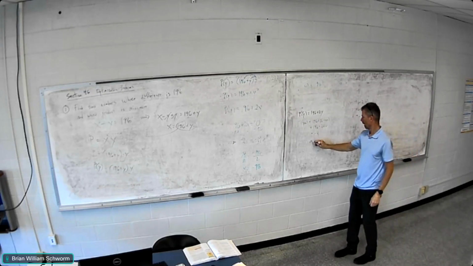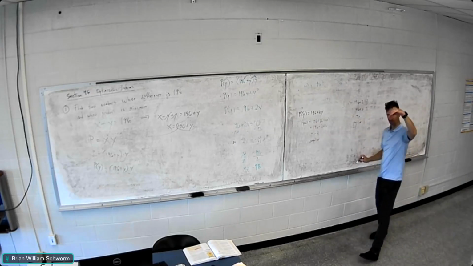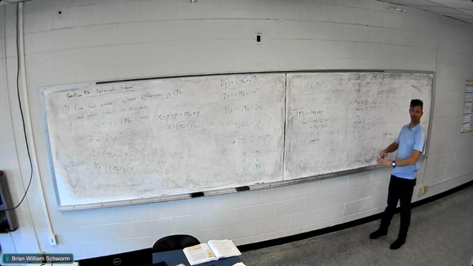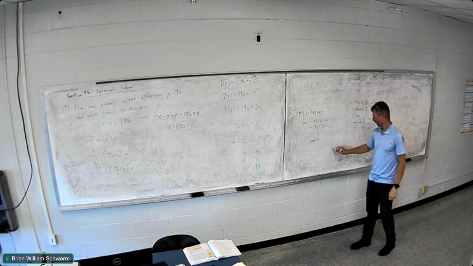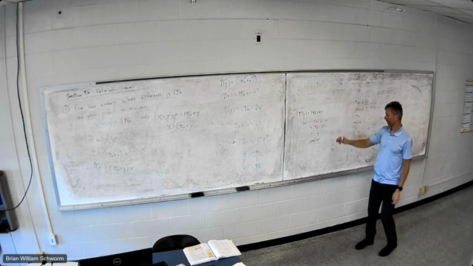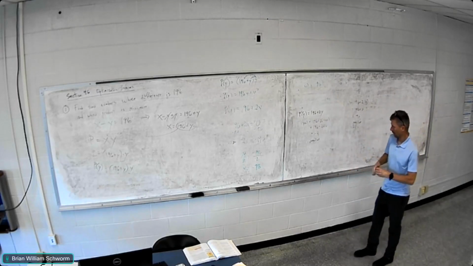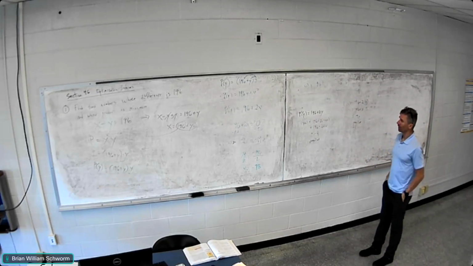So negative to positive, which means decreasing, the function is decreasing then increasing. So it's doing something like this. So that confirms that it is definitely a minimum at negative 98. So we got minimum at y is negative 98.